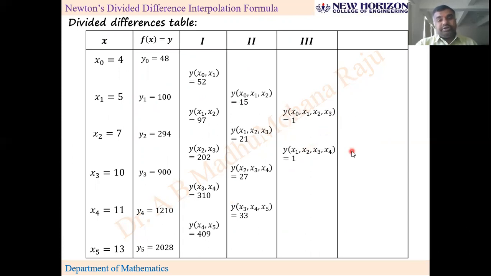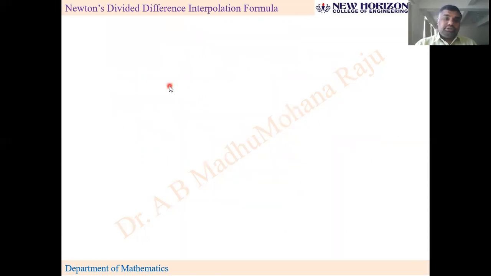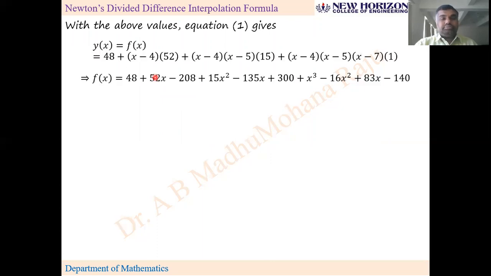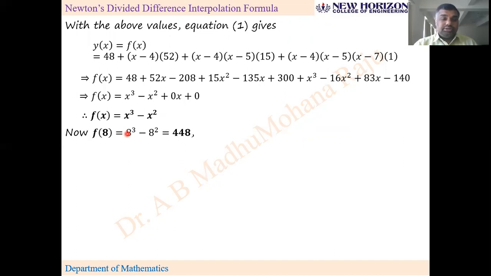The fourth order differences are not required; even if you take them, 0 will come. Up to here only is enough. Now substitute the values in the interpolation formula. We are finding the polynomial here. Why? Because it is asked for 3 to 4 values, so it is better to take the polynomial and substitute the required points: f of 8, f of 9, and f of 15.